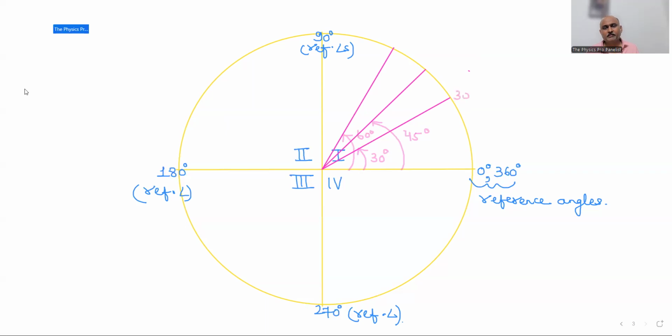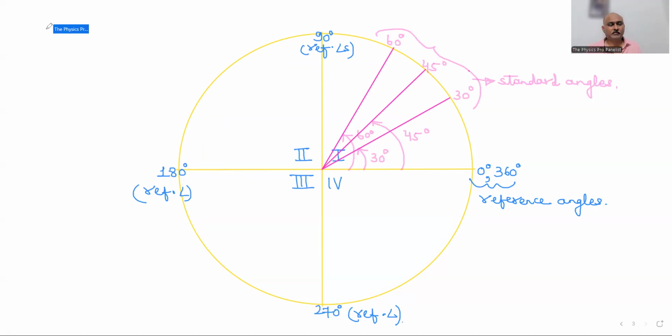So the standard angles of the first quadrant are 30, 45, and 60 degrees. Now, as I said, every quadrant has standard angles.